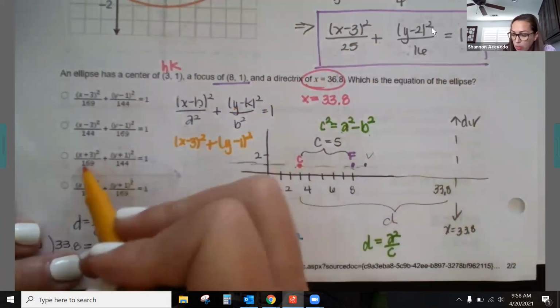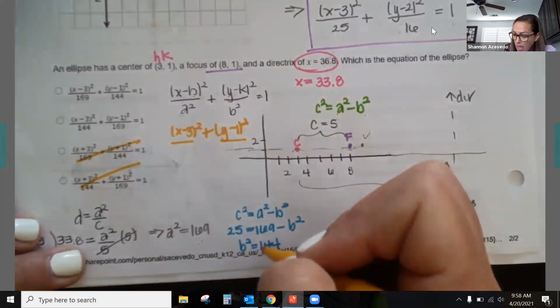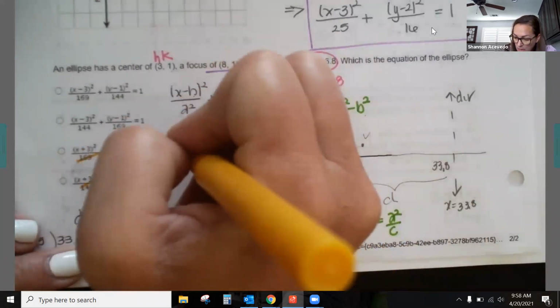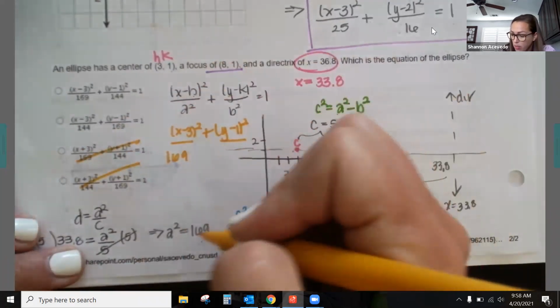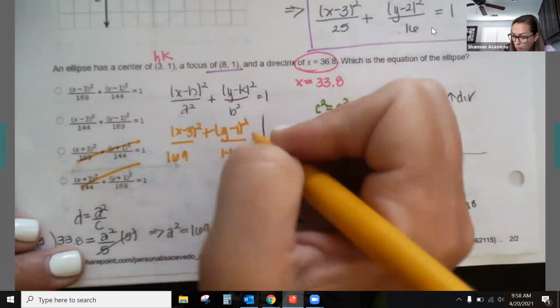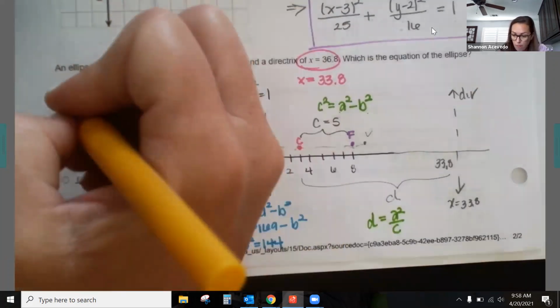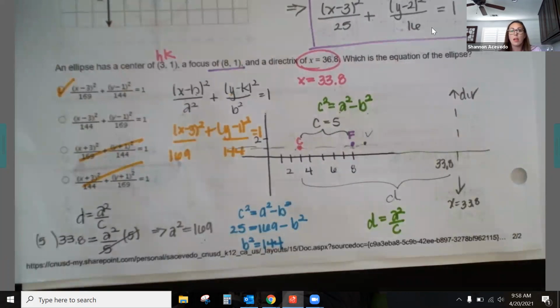So we already could eliminate those two, right? My A squared is 169. My B squared is 144 is equal to 1. So it's going to end up being this very first one. And we're done.